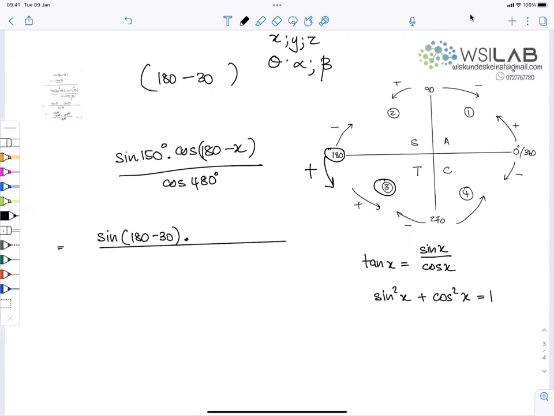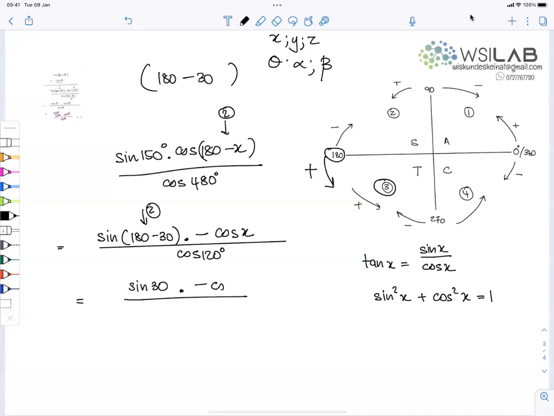Okay, then cos of 180 minus x, that is second quadrant, isn't it? So that's negative for cos. Then the 480, I just subtracted 360, and then I got 120. Correct? Okay, this is second quadrant. So it's positive sin 30 times negative cos x. This one at the bottom is also second quadrant, which makes it negative cos.